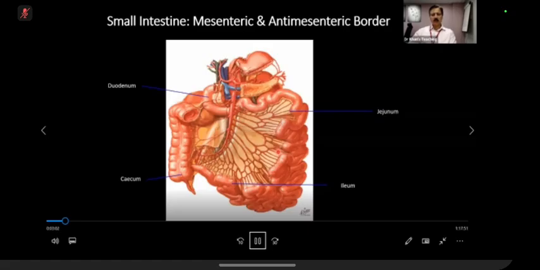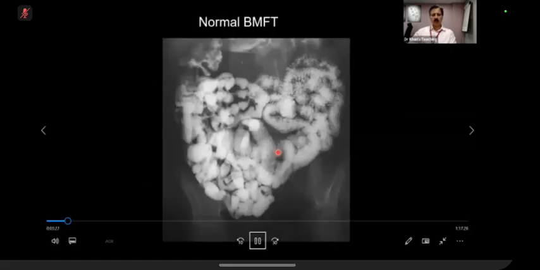And otherwise, pseudosaculations of, let's say, scleroderma, they happen on the anti-mesenteric border, or at times pseudosaculations of Crohn's disease, they also happen at the anti-mesenteric border. So I will show you these concepts, but always remember Meckel's diverticula.